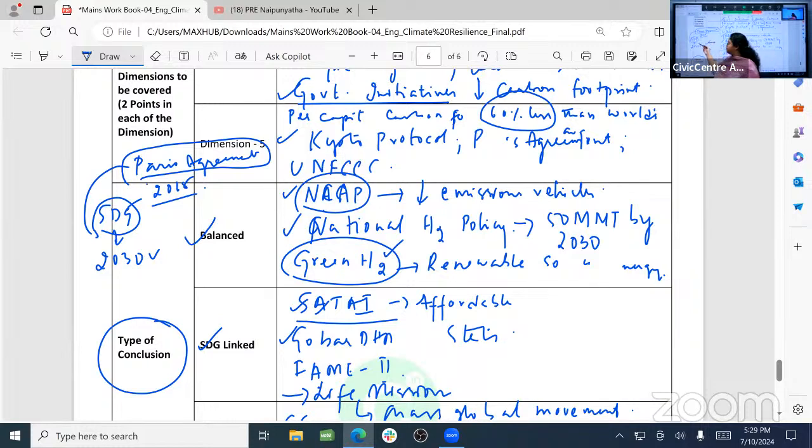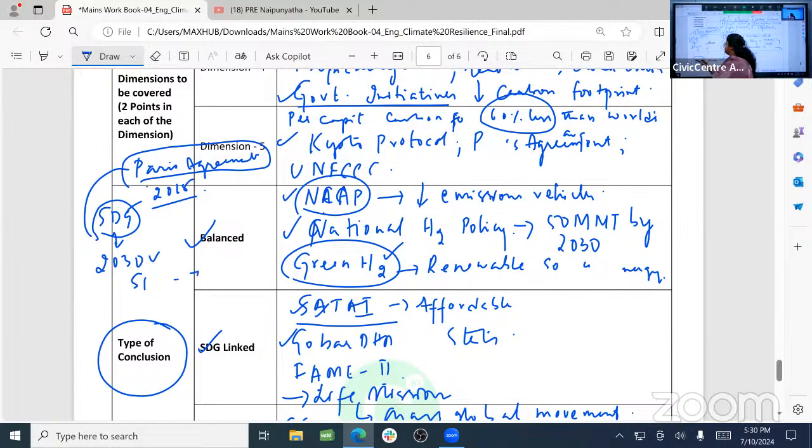Now, what kind of SDGs can be realized? One, SDG 7, SDG 13, that is climate action, SDG 12, what is it?